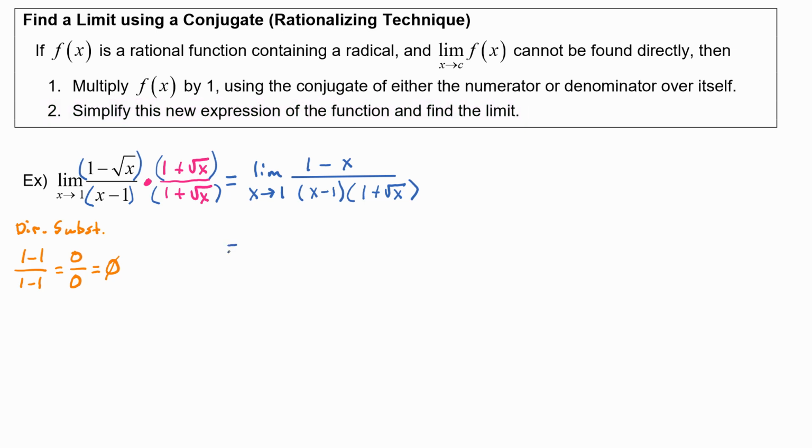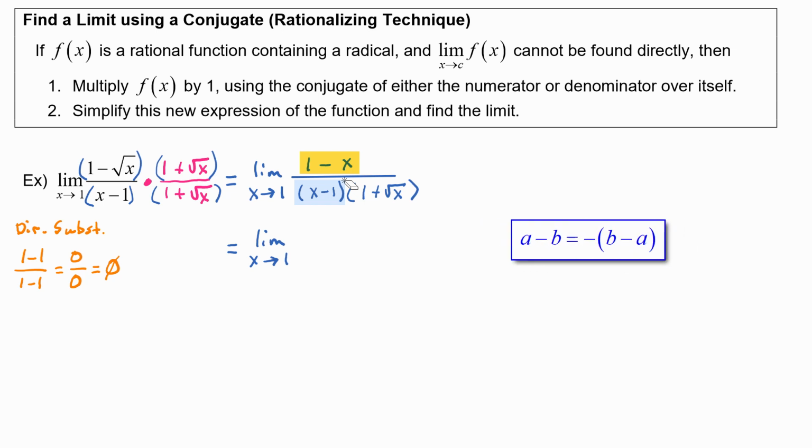So here, this will equal the limit as x approaches 1. In the numerator, we have 1 minus x, and in the denominator, we have x minus 1. So now we can use the rule from algebra that says a minus b equals the opposite of the quantity b minus a. So then we can rewrite this numerator as the opposite of the quantity x minus 1.